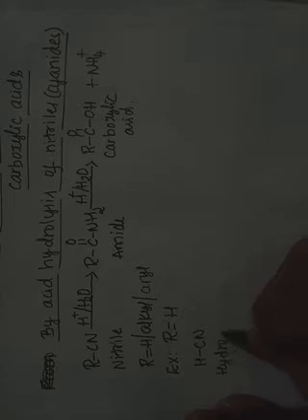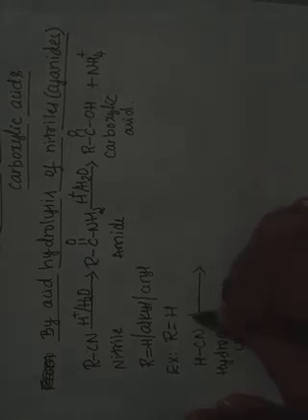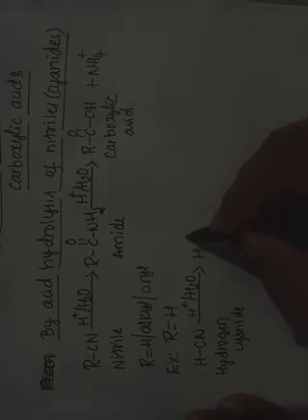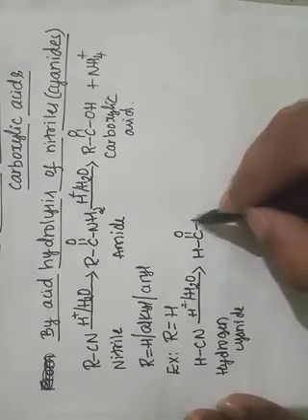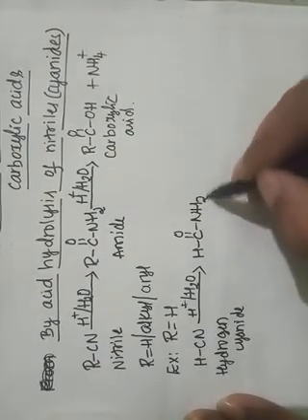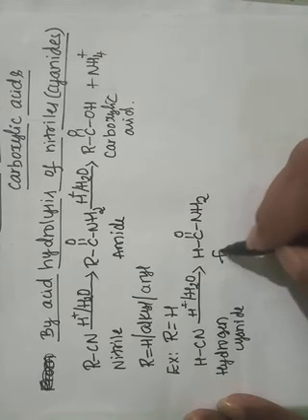HCN, that is hydrogen cyanide, upon acid hydrolysis. First it will form an amide, that is HCONH2. So this is formamide.